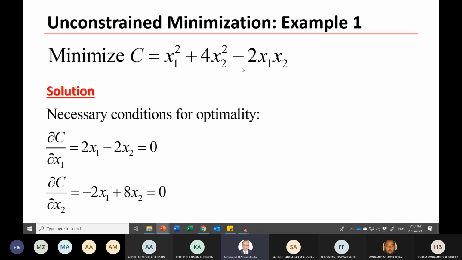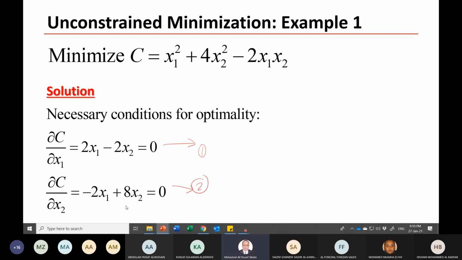Partial c by partial x2 is also equal to 0. So you have two equations and two unknowns. You can solve these two equations together, right? Is it clear? You can find x1 and x2.